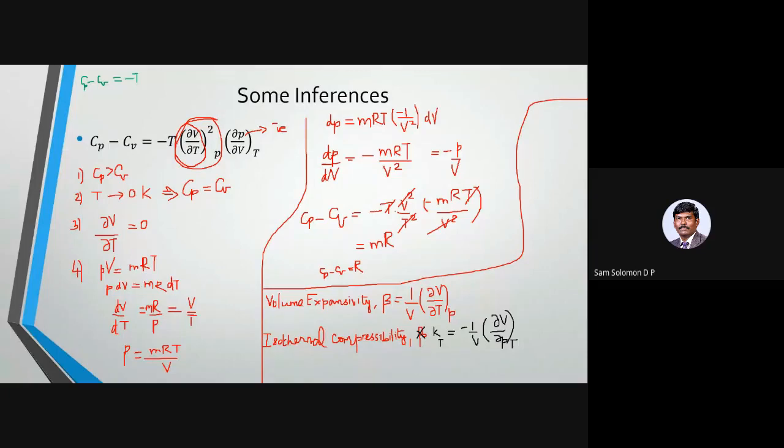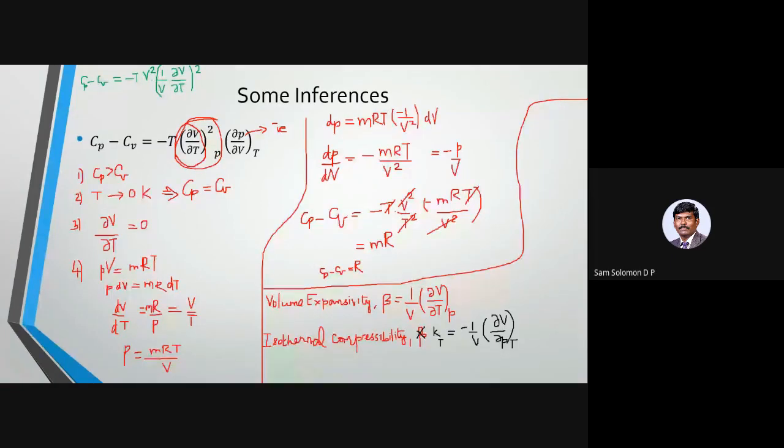So what we have is V squared multiplied by 1 by V partial V by partial T the whole squared. So that doesn't violate anything. I have multiplied by V squared, and this is V to the power 2, so these two can be cancelled. And I'll simply have partial V by partial T at constant P the whole square. And this partial P by partial V we have.